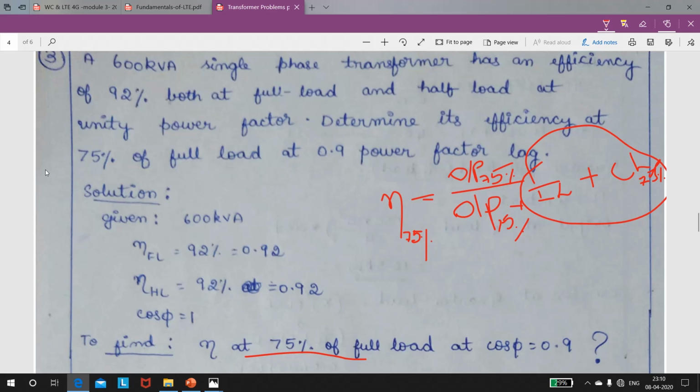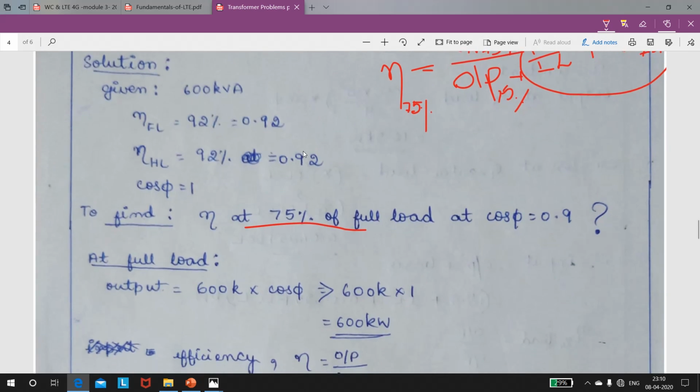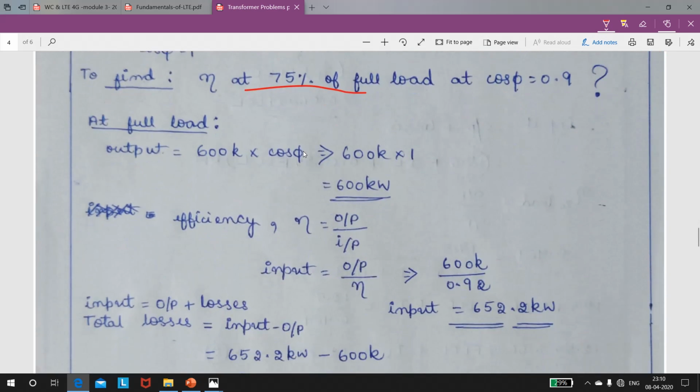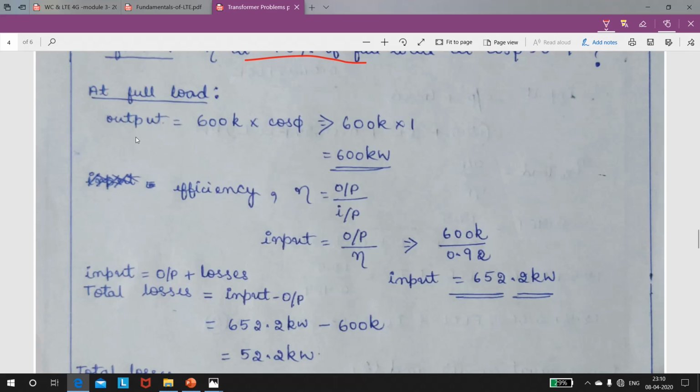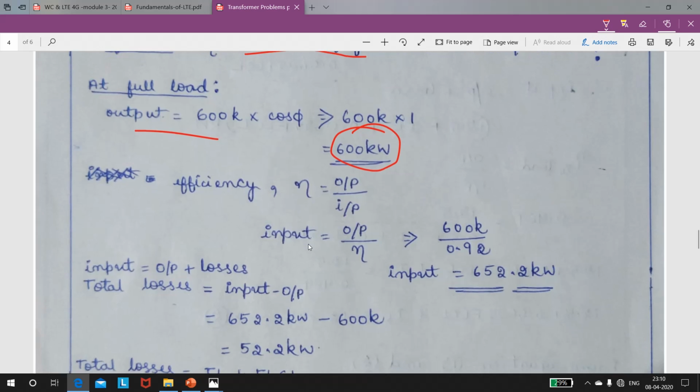The third part would be for the 75% of the load. So for full load, I am going to find out the output, converting into kilowatt. Next, efficiency equal to output by input. Okay, now I need to find out what is the input. So what is input?